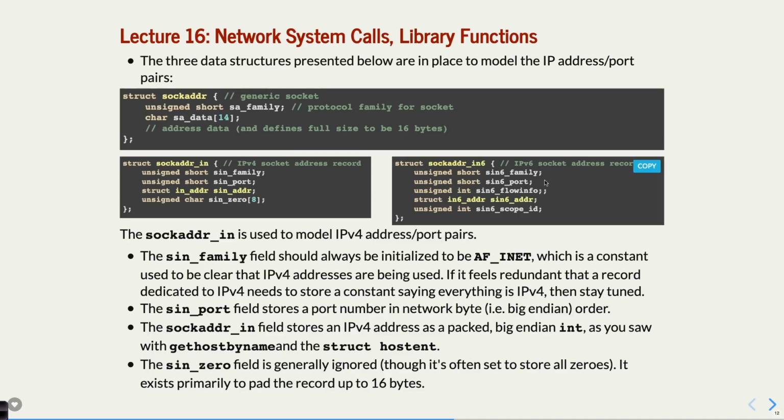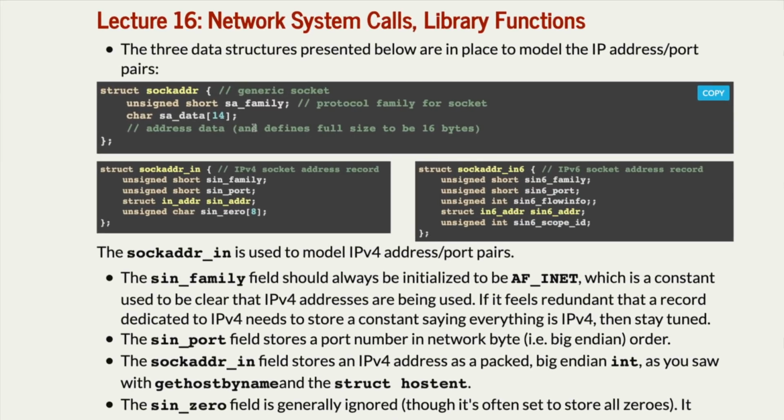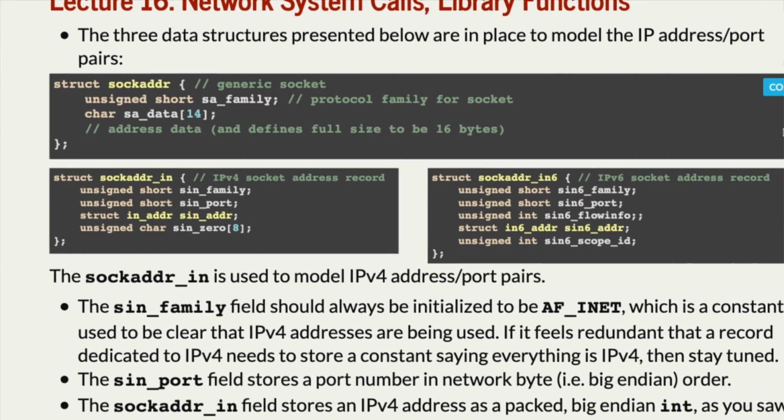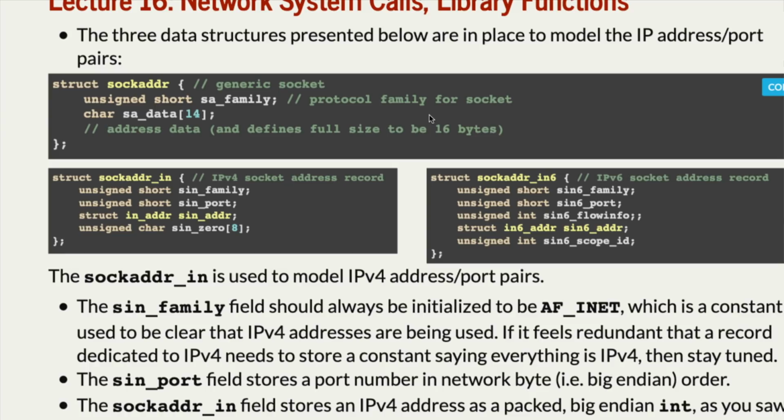Okay. Now, of course, we have different types of sockets here. This is also, again, where it gets a little bit hokey. We have a generic socket. The generic socket is struct sockaddr, and its first member is an unsigned short called sa_family.